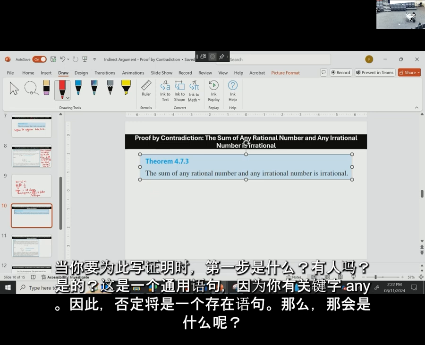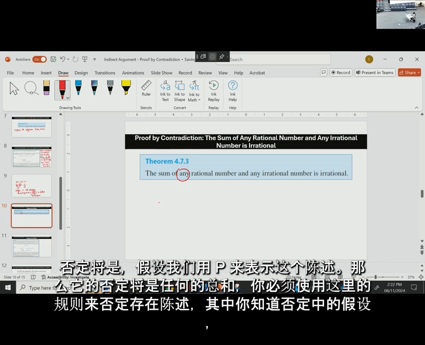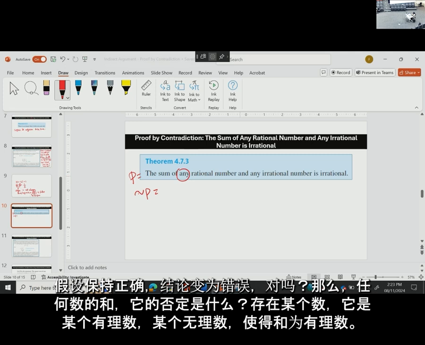This is a universal statement because you have the keyword any. So negation will be an existential statement. So what will be that? Let's represent this statement with P. So its negation will be that the sum of any, you have to use the rule over here for negation, where you know that in the negation the hypothesis remains true and the conclusion becomes false, right?